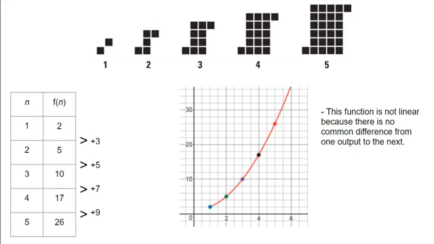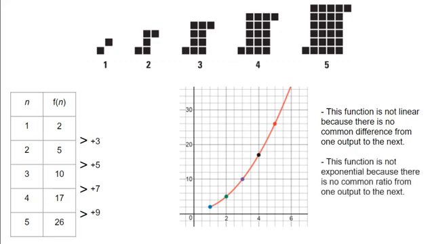So there's no common difference, which tells us that it's not a linear function. And we know that there's no common ratio to get from 2 to 5 and 5 to 10, 10 to 17, and 17 to 26. So that tells us that it can't be exponential.